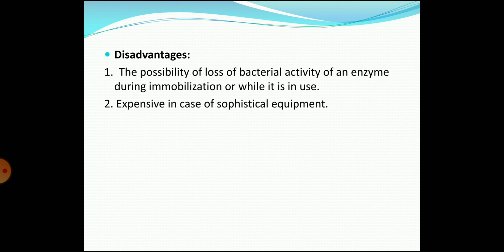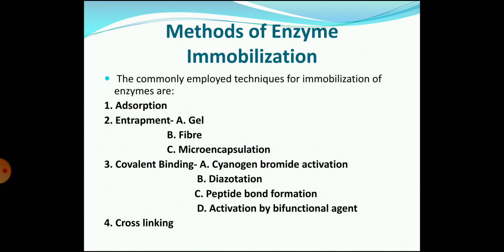The disadvantage of this technique is the possibility of loss of biological activity of an enzyme during immobilization or while it is in use. Also, it is expensive in case of sophisticated equipment. Now we will see the different methods of enzyme immobilization. The commonly employed techniques for immobilization of enzymes are: first one is adsorption, second one is entrapment.